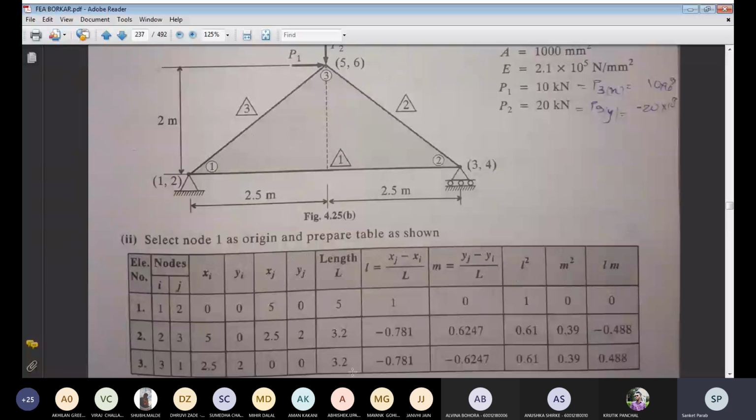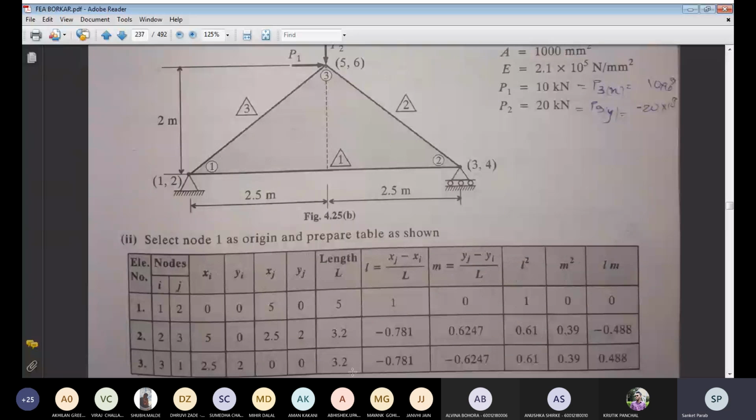The length is directly 2.5, and all this we are considering in meters only. I am not converting it, because when we divide, whether it is mm or meter, l and m will not have any units. So xj minus xi is 2.5 and the length is also 2.5, so I am getting l as 1. Because yj and yi are 0, I am getting m as 0. So l square, m square, and lm I have found for the first element.